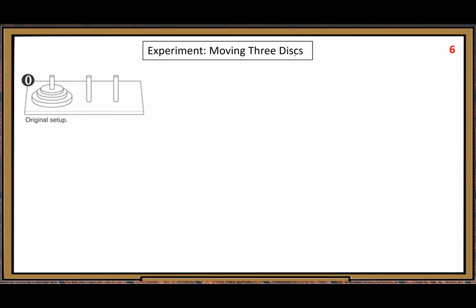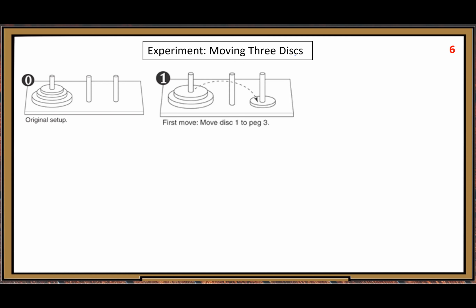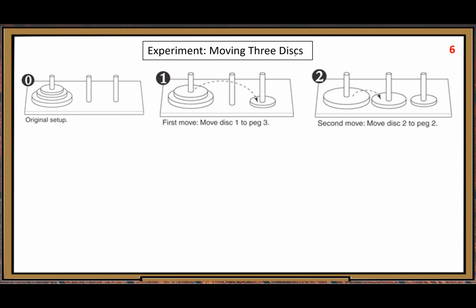The first step, we move the top disk from peg 1 to peg 3. That's legal, right? We follow all 3 rules, so this move is legal. We can go to the next step.